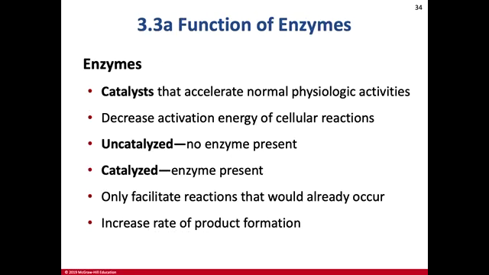Okay? An uncatalyzed chemical reaction is one that would happen without any catalyst present, and a catalyzed one will happen with a catalyst present. So in living systems, that would mean the enzyme is present in a catalyzed reaction and not present in an uncatalyzed one. Okay?